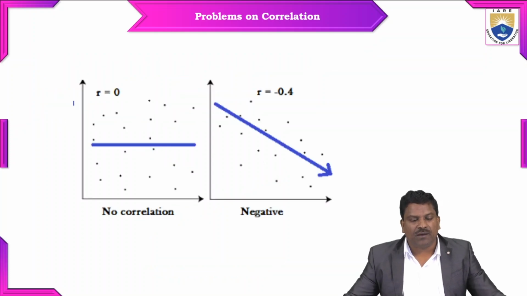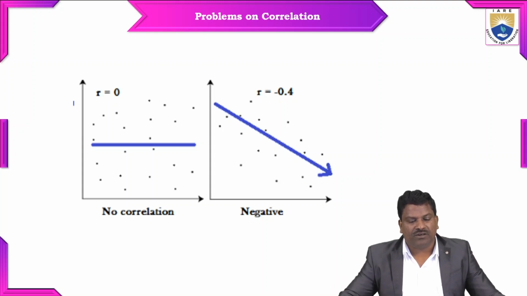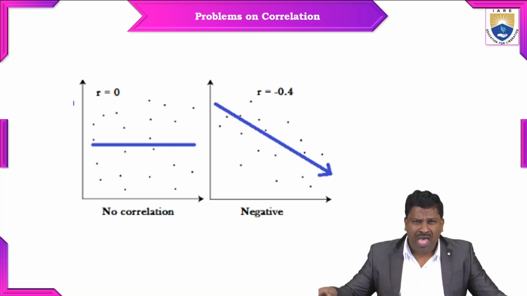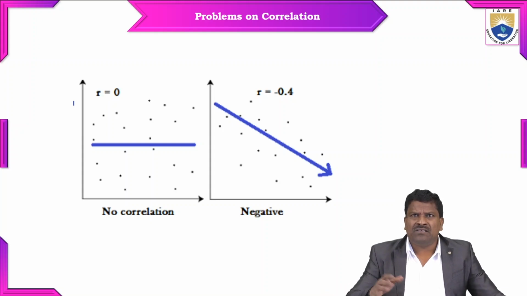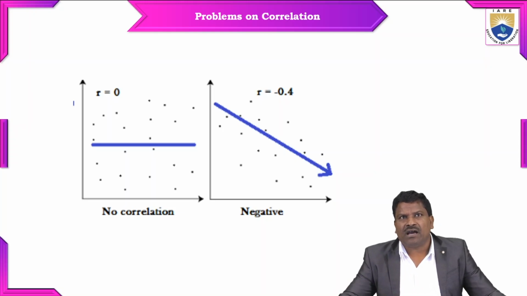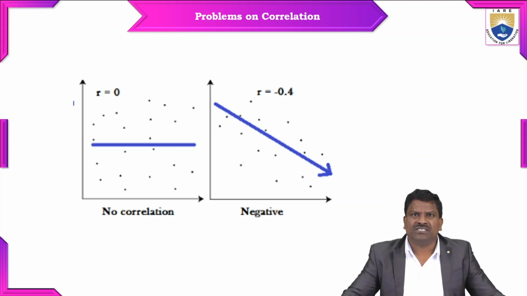So these are the graphs for that. Suppose here in the first graph we are taking a relation between x and y values. Here R is 0, which means all the values are above and below the straight line, and they are very far away from our straight line. There is no relation at all. R is equal to 0. No relation at all.